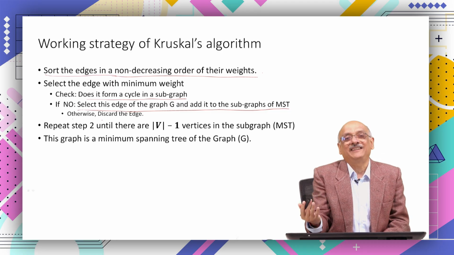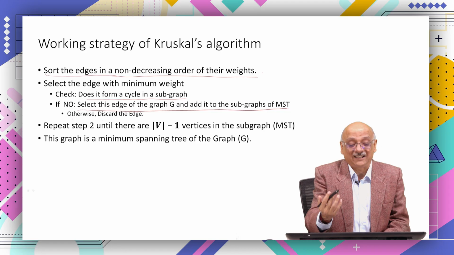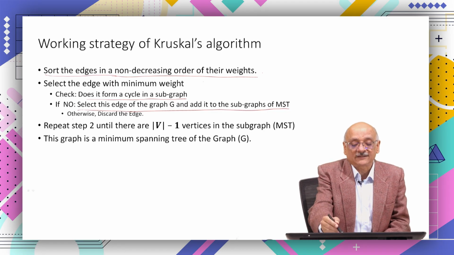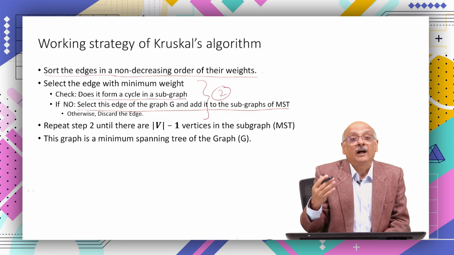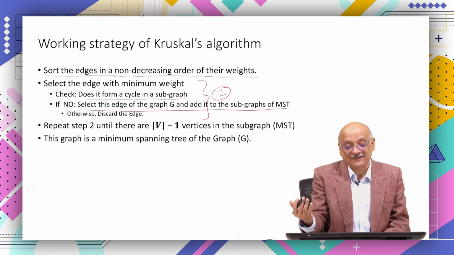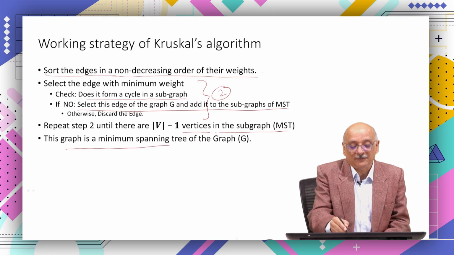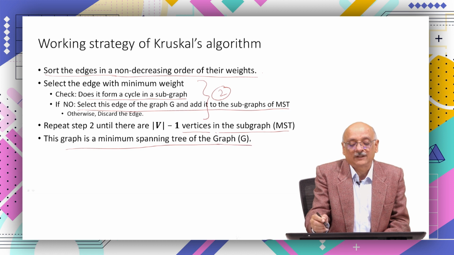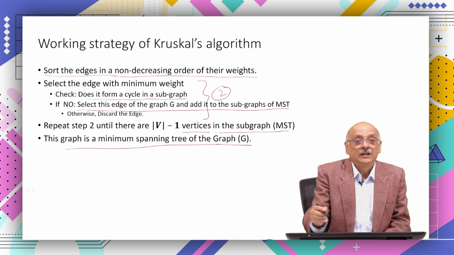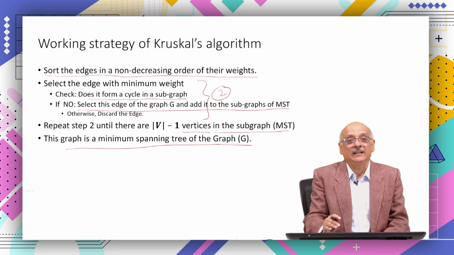Otherwise, simply discard that edge because it is forming a cycle. Now this step 2 is repeated until we have selected V minus 1 edges in the subgraph. Then this graph is a minimum spanning tree of the graph G. All right. So this is how this whole thing works.